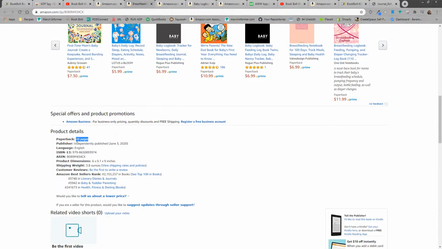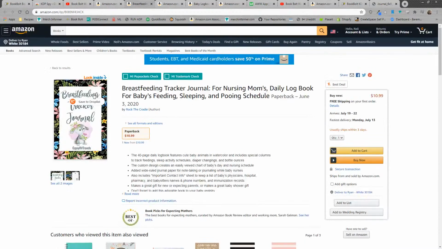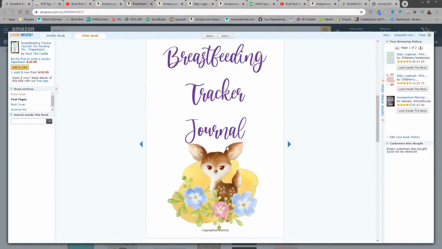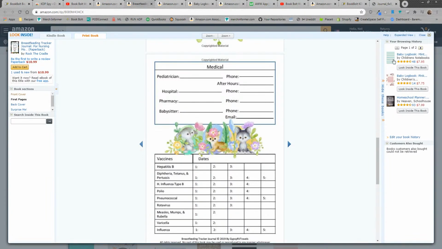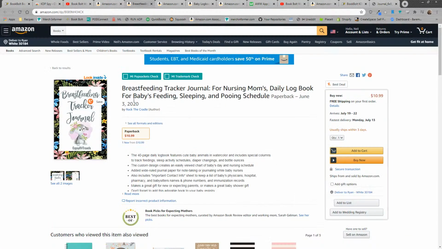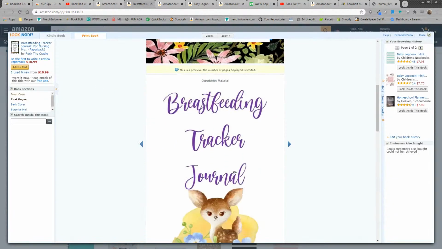40 pages, guys. 40 pages. Let's look inside. All right, I bet you the reason this is priced so high and they only did 40 pages is because they're printing in color. That is going to boost up the price that KDP charges you an incredible amount.